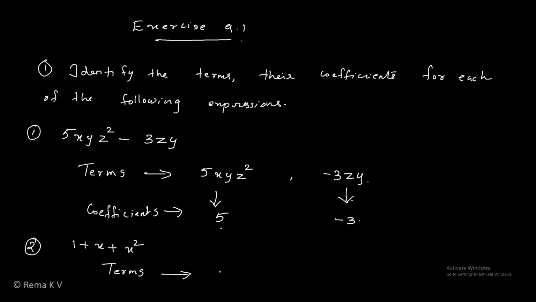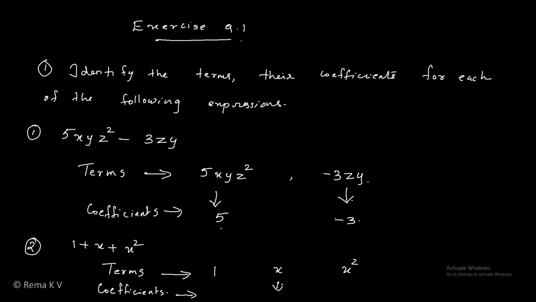Okay, 3 terms and the terms are 1, x and x square. So the coefficients here you can write this as 1 itself, coefficient of this 1. It is 1 itself.